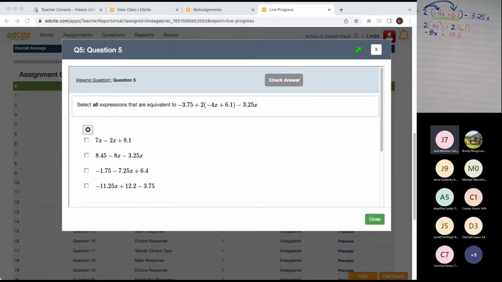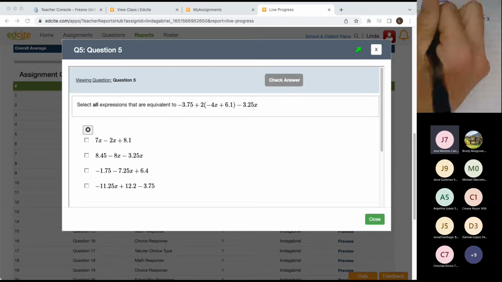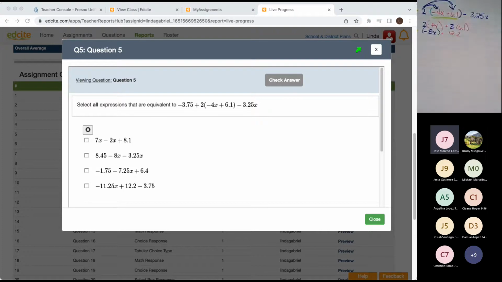All right, so now that I distributed my 2 through, I have negative 3.75 plus negative 8x plus 12.2, and then minus 3.25x, okay?